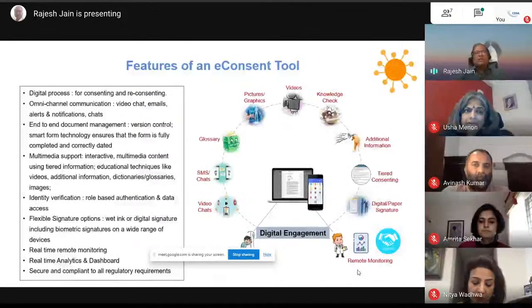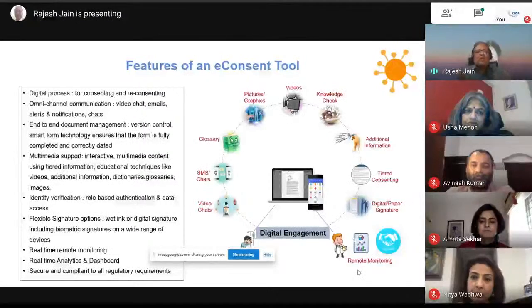Secondly, it has to have complete workflow management, mimicking what you do today. What you do in today's consenting process is exactly what the e-consent technology is going to mimic. There are no changes in the process.